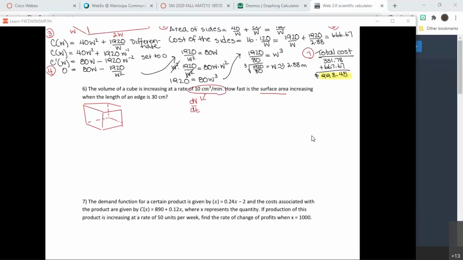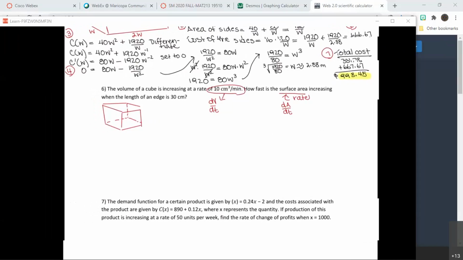Now they're asking how fast the surface area is increasing, so they're asking for a rate. Let's call that dA/dt.